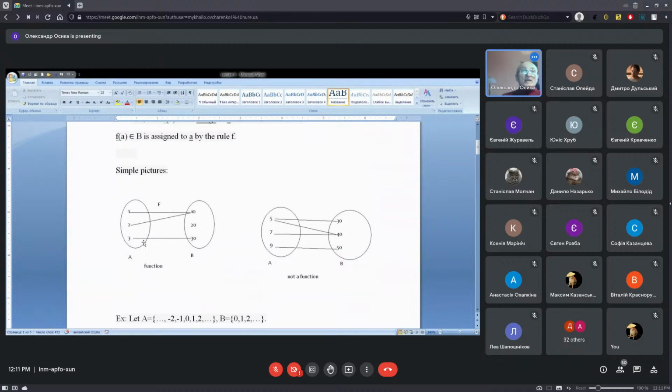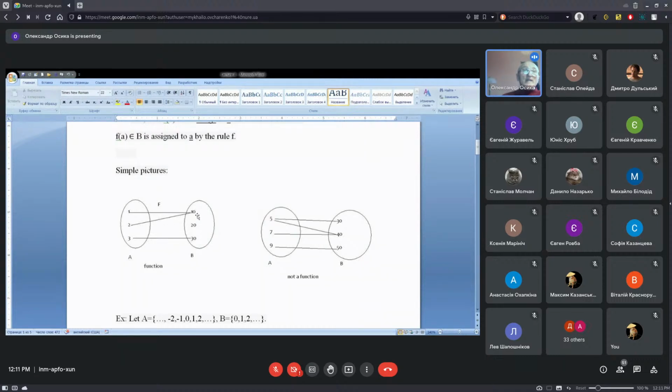This is a domain of possible values, 1, 2, 3, and they make the set A capital. This is the range of values of the function, 10, 20, 30, B. This is a function, because every element from the domain has only one corresponding element from the range.